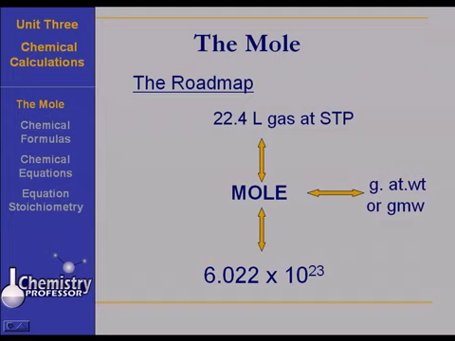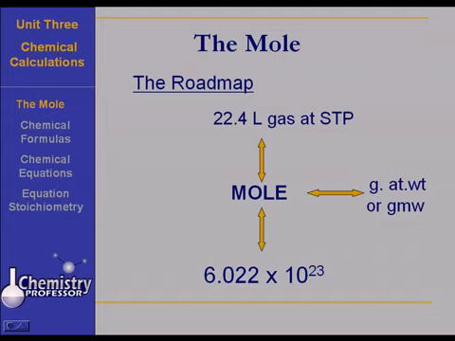For example, suppose you have the gas nitric oxide, NO. A mole of nitric oxide is 6.022 times 10 to the 23rd molecules of nitric oxide. That mole happens to weigh, well, let's see, NO: nitrogen is 14 and oxygen 16, so it weighs 30.